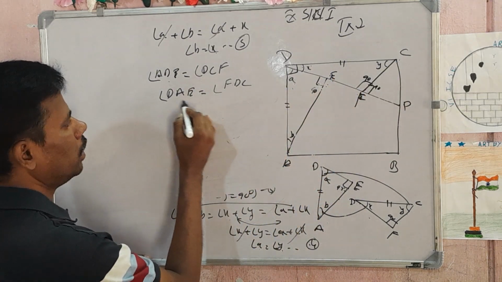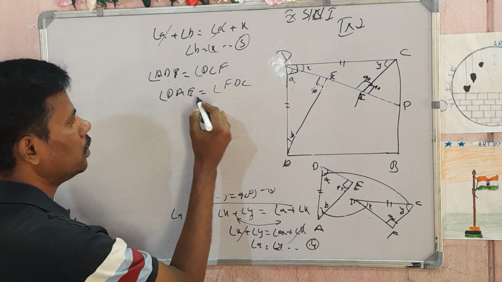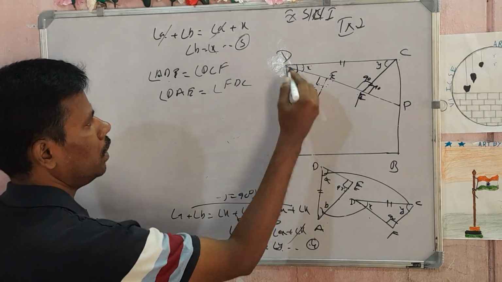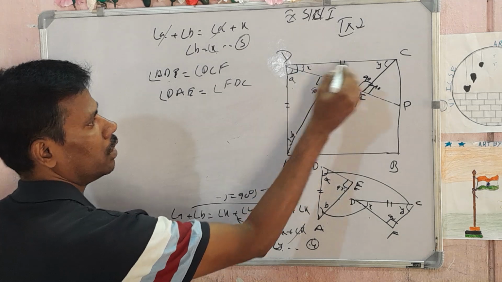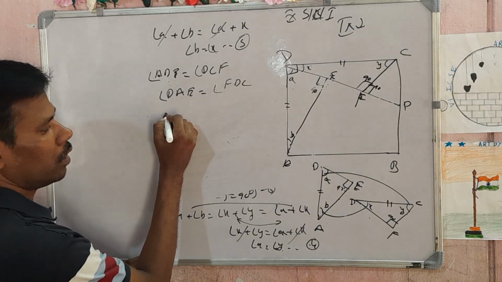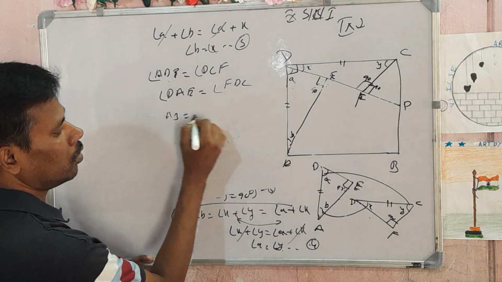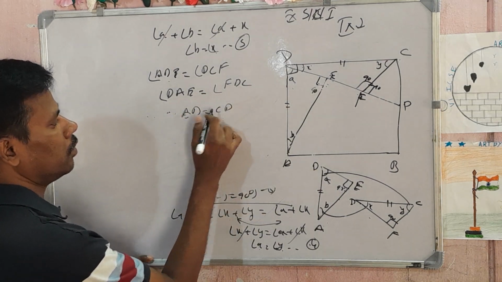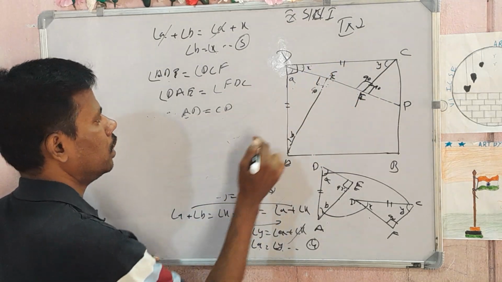Next, DAE is equal to FDC. And again, AD is equal to CD.